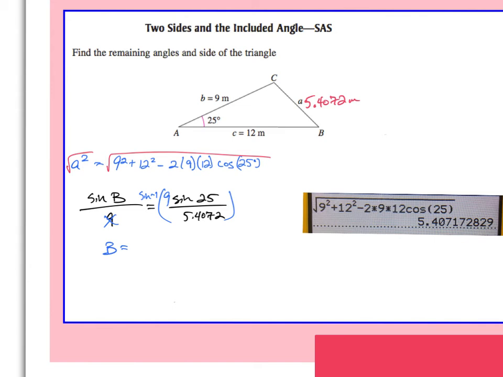So for angle B, I end up with 70 degrees. Once we have that angle, we can subtract from 180 for both of them, and we end up with 110.30 degrees.